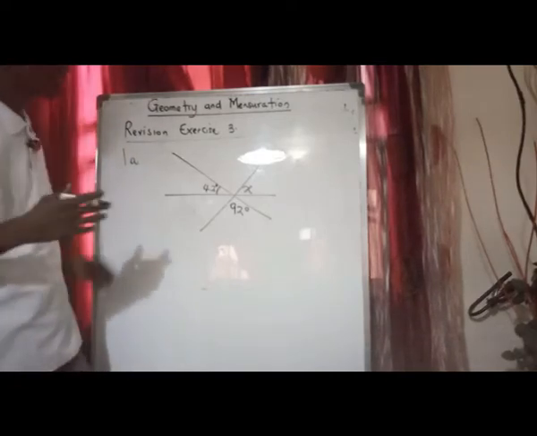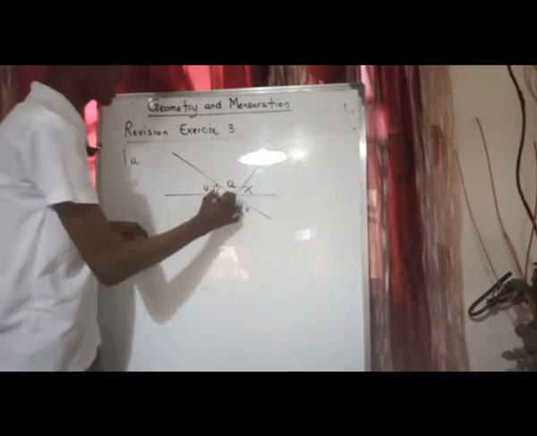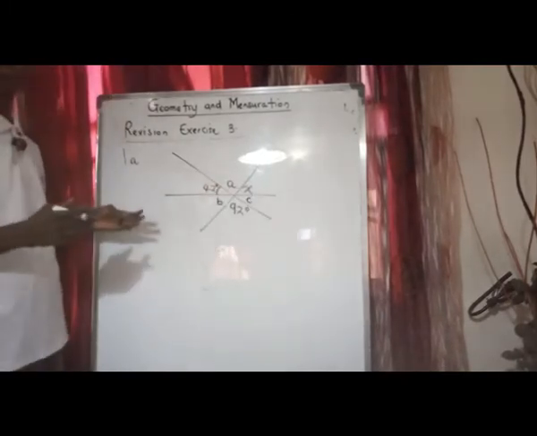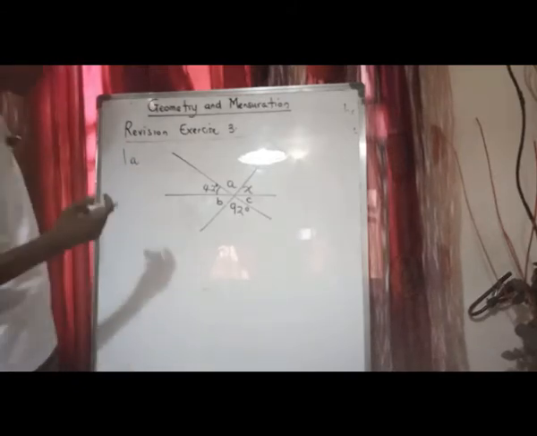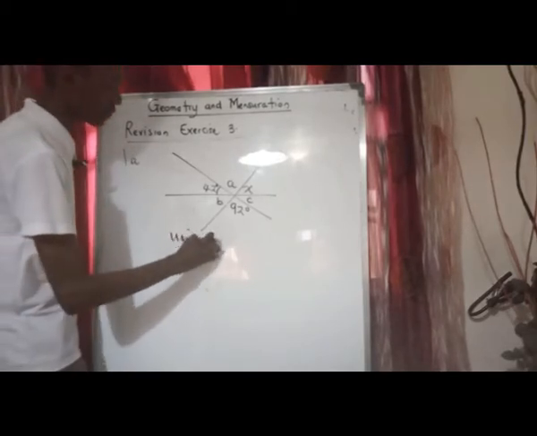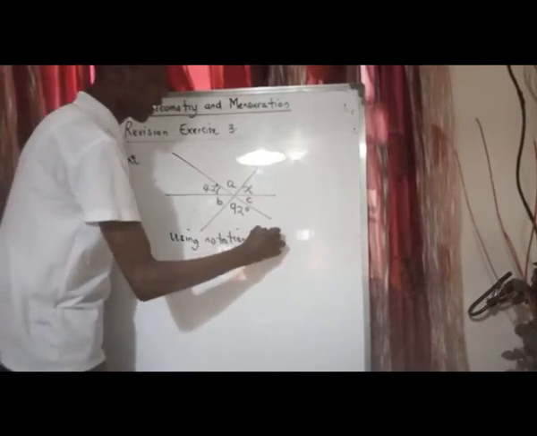As a standard practice for formal geometry, I would choose to name these sides and the angles. I may use them, or I may end up not using them. So I start by saying using notations as in diagram.